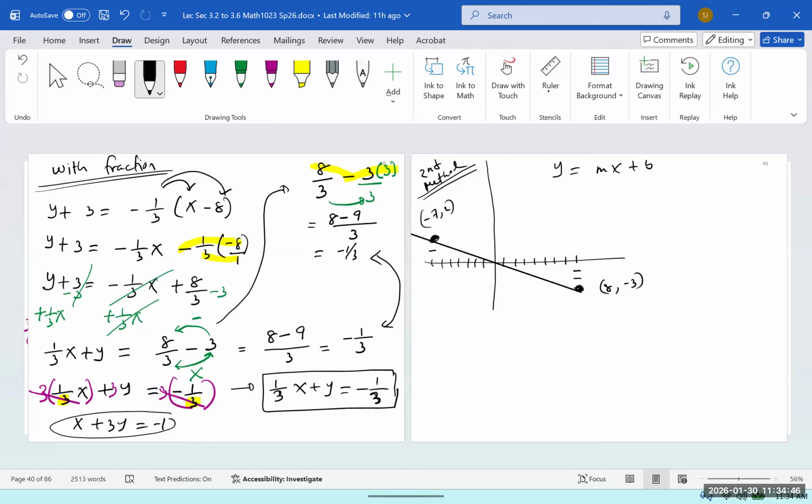Oh, this one has a problem. b, we don't know. We can only know the slope. So let's walk.